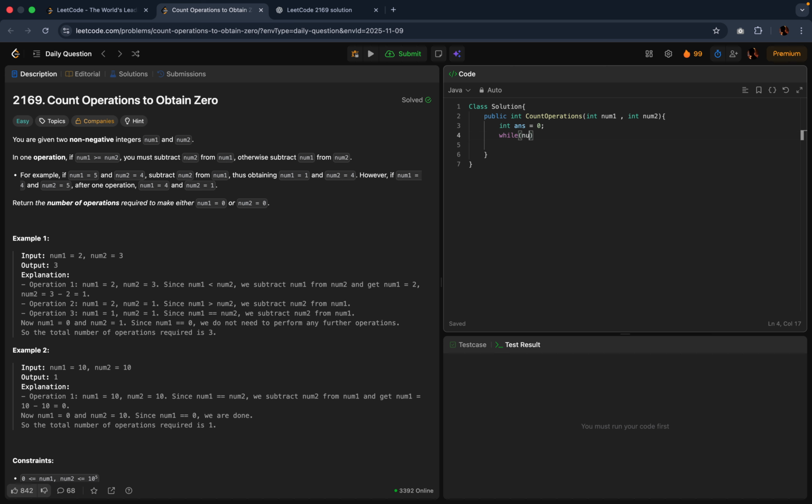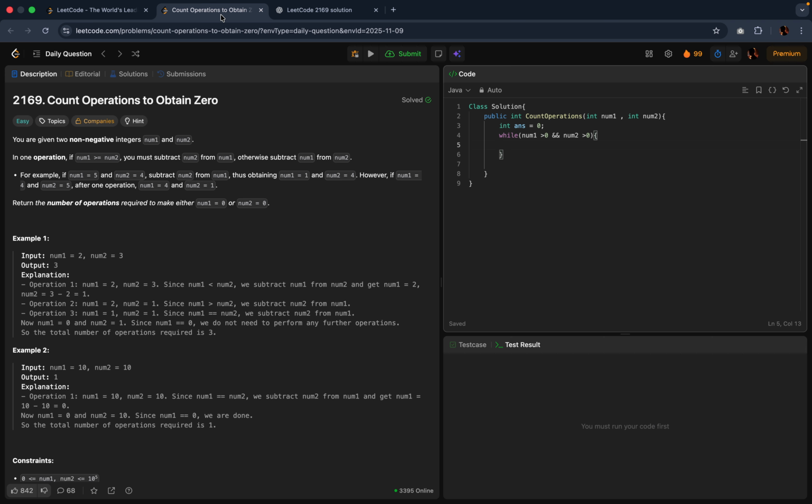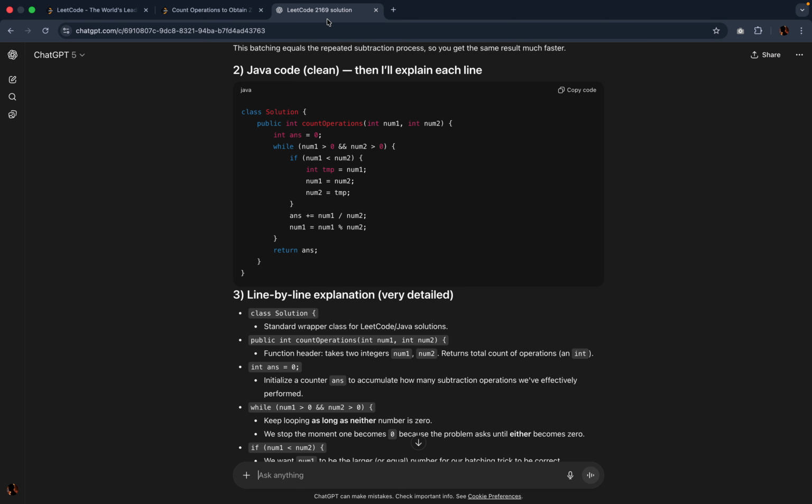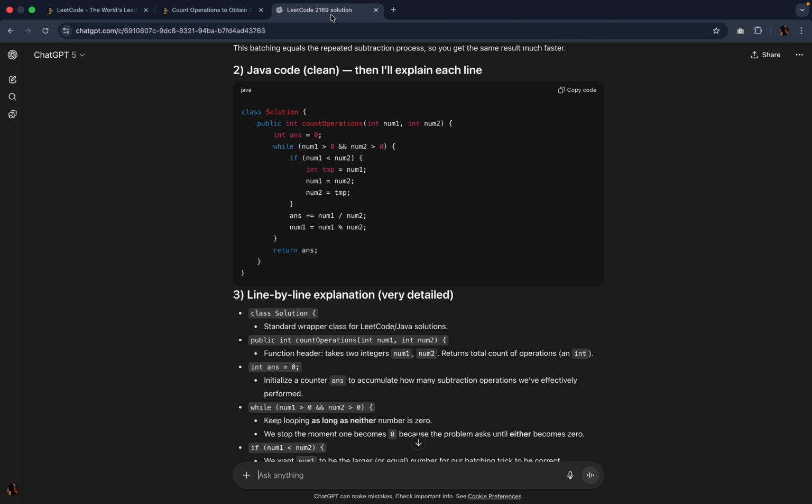While num1 greater than 0 and num2 greater than 0. Yeah, right. We have declared the ans variable to count the number of operations.